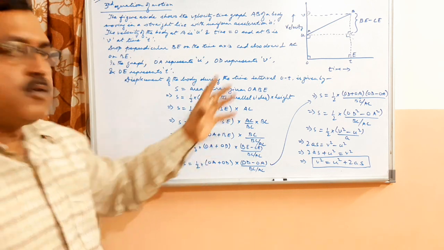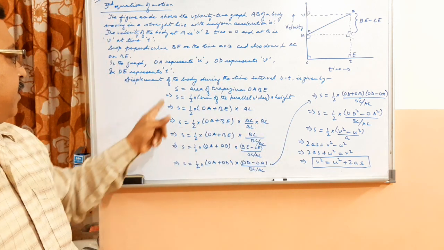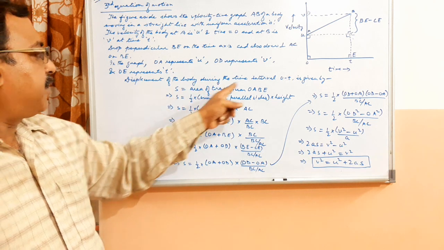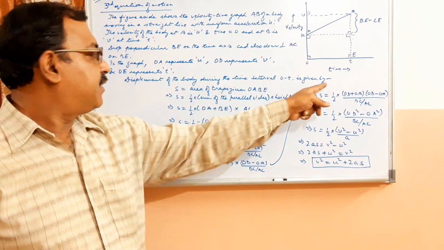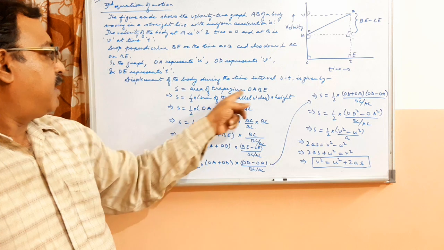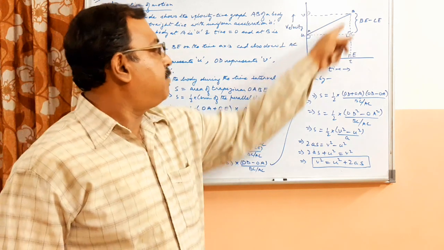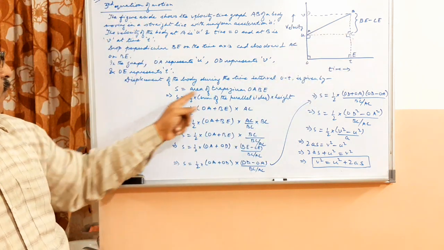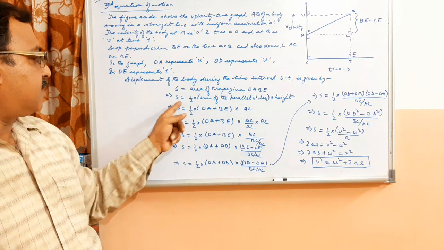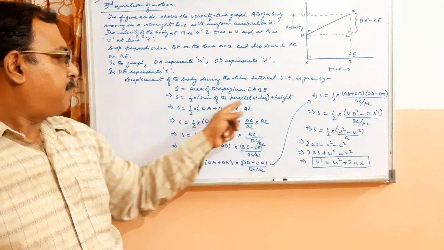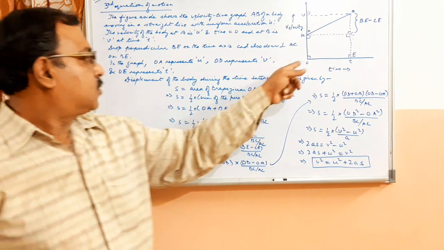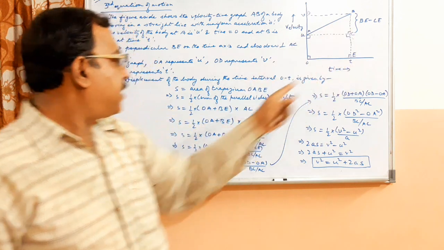So let me explain the working once more. Displacement of the body during time interval 0 to t is given by S, which is the area of trapezium OABE. So what is the area of a trapezium? S equal to half the sum of the parallel sides into height. Here OA and BE are the parallel sides.